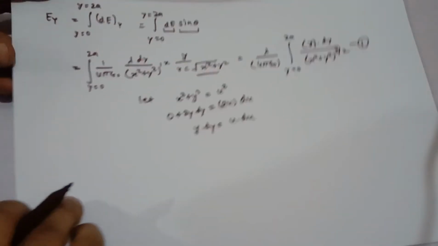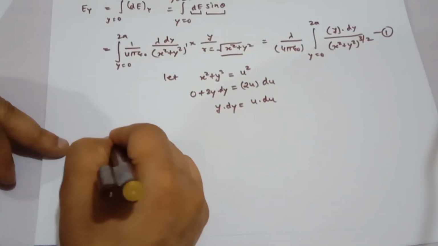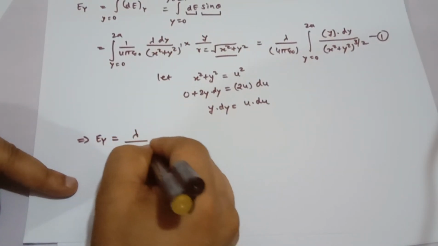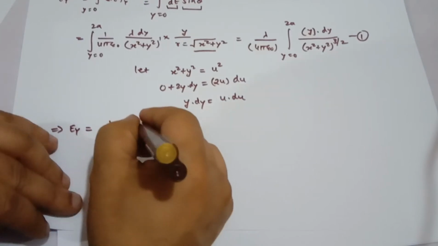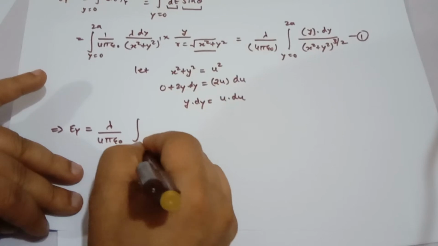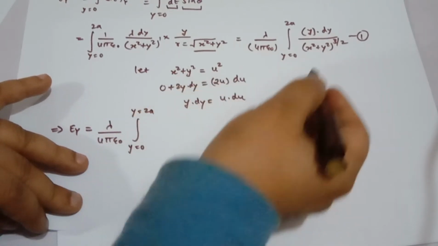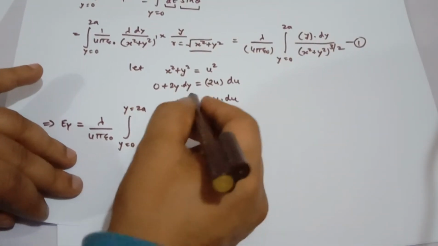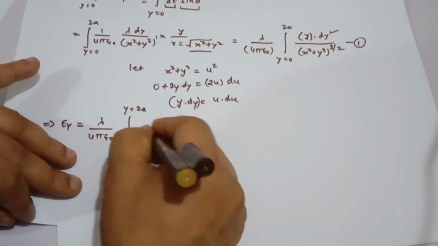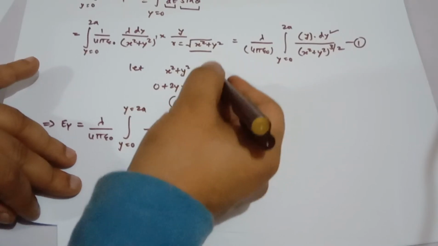So that should give me the electric field along y-axis, lambda divided by 4 pi epsilon naught, from y is equal to 0 to y is equal to 2a. And y into dy basically here is u into du, and in place of x square plus y square, you can get u power 2.